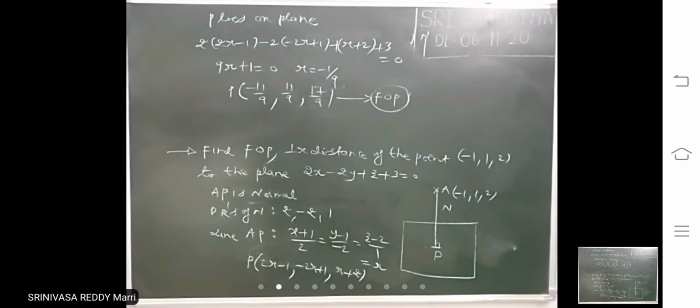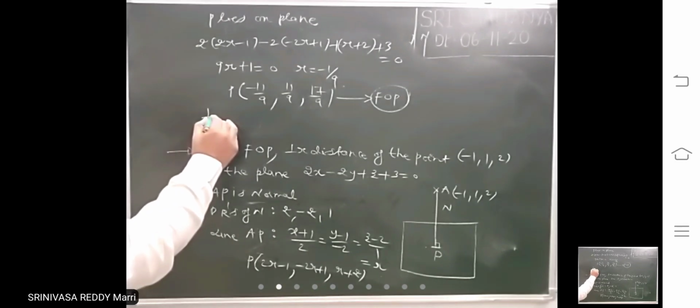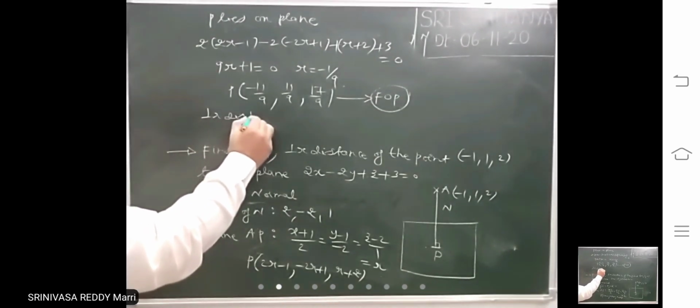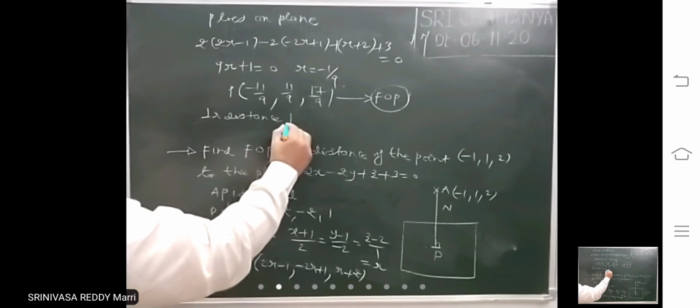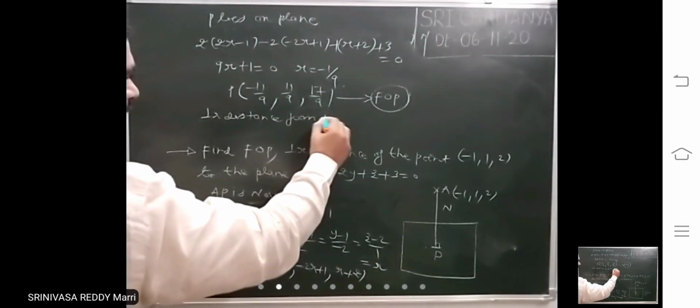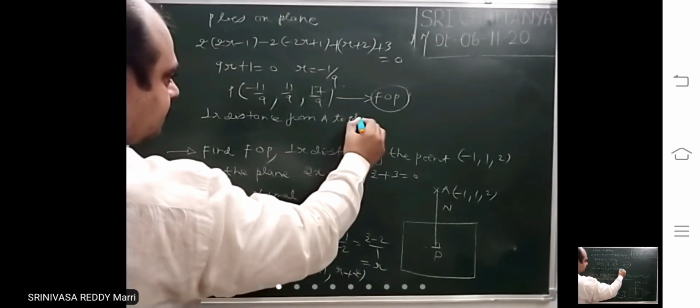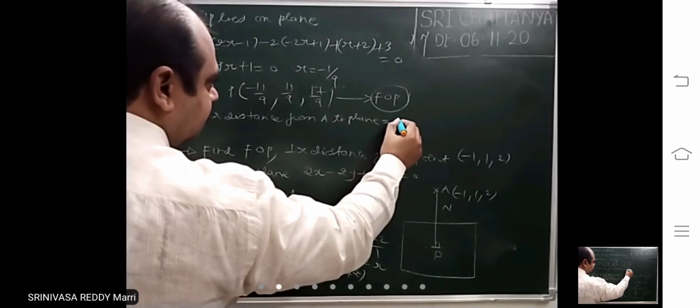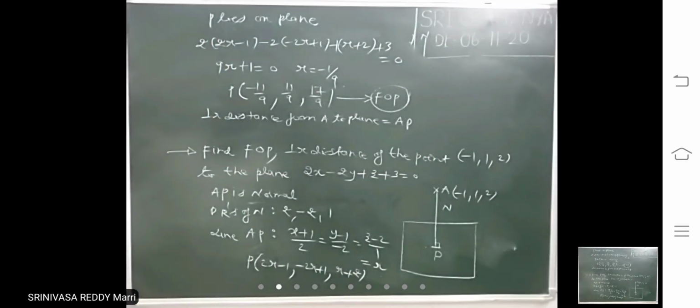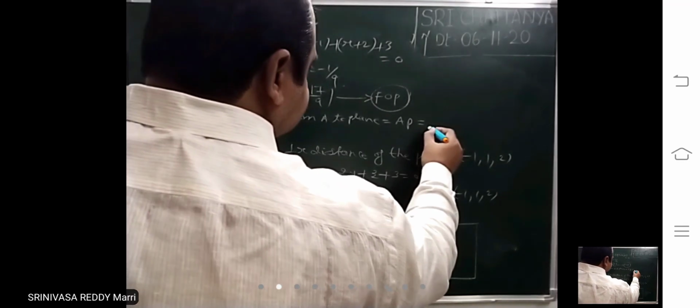Foot of perpendicular. Now the perpendicular distance from A to the plane is nothing but the AP distance. AP distance you calculate.